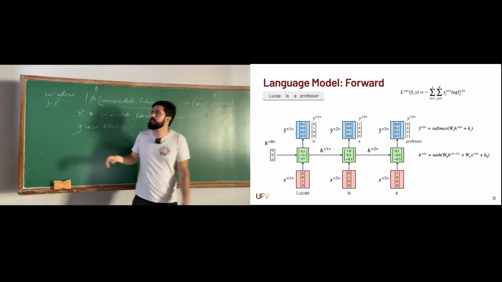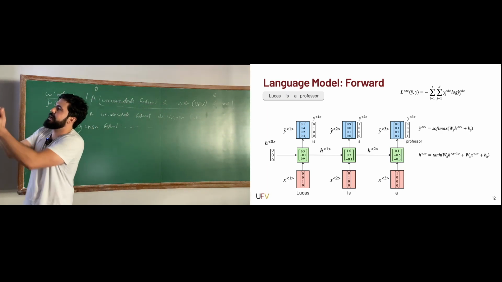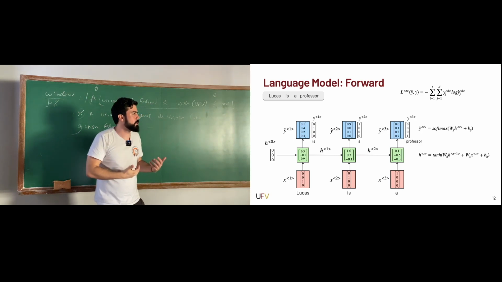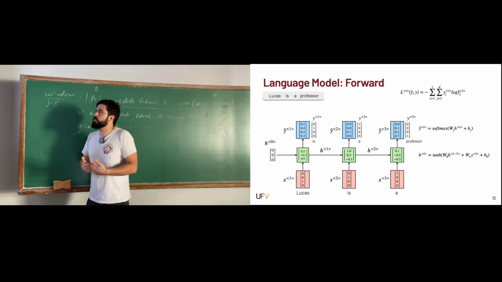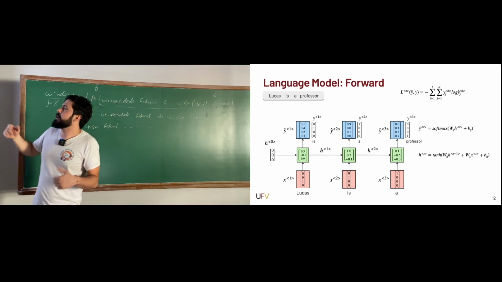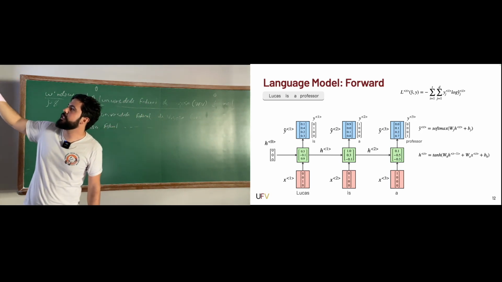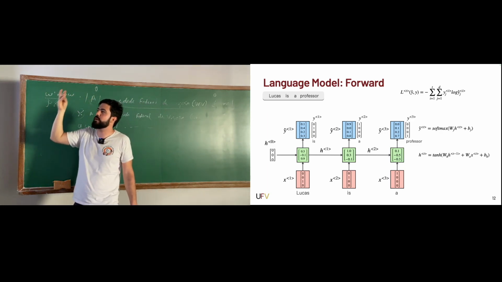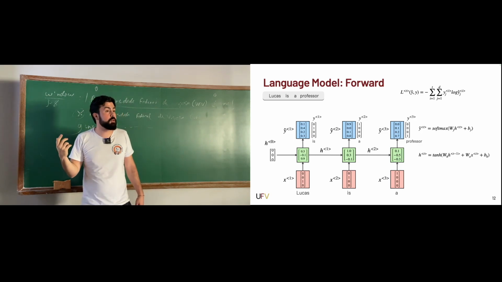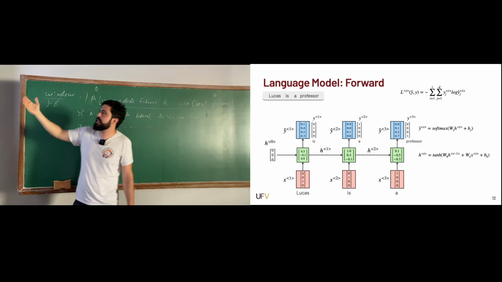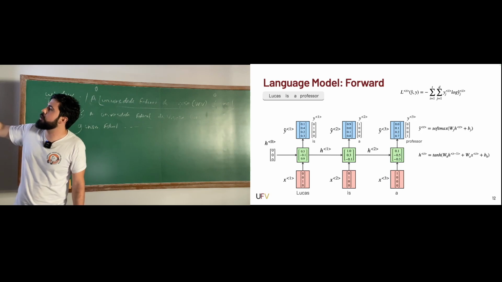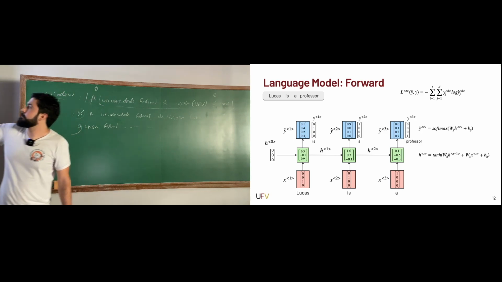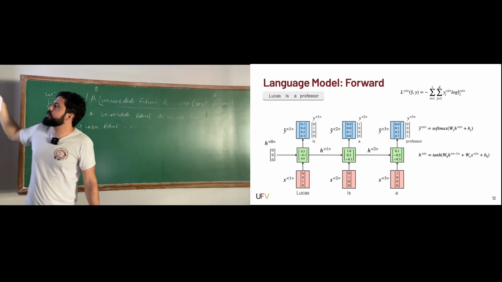And what I'm showing there on the right next to the blue boxes is the ground truth distribution for each time step. So what I wanted to achieve was y1 equals 0, 1, 0, 0. But my model outputted 0.1, 0.4, 0.2, and 0.3 in the first time step. In the second time step, the ground truth is the word A. I want to predict the word A, which is 1, 0, 0, 0.